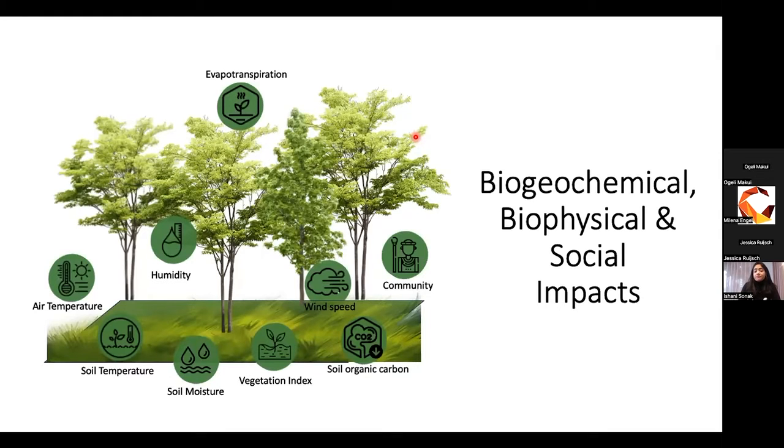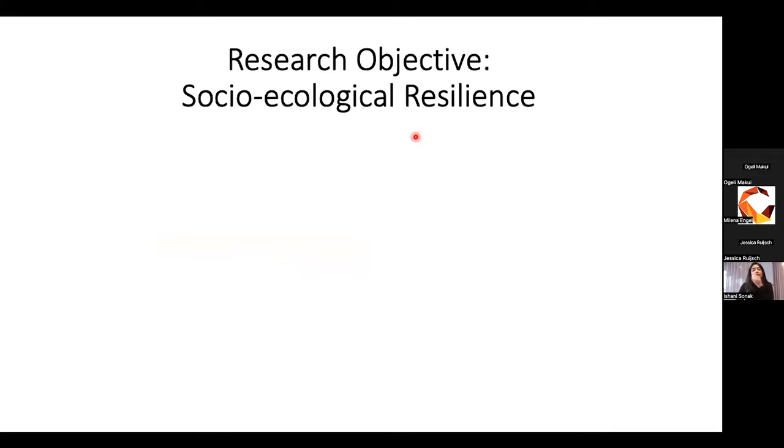Now, the objective of the research that we undertook on a more local level was to understand how actual versus perceived impact of land restoration projects can ensure socio-ecological resilience. Why are we talking about this? Because a lot of investment is going into land restoration and regreening, and often we hear generally quantitative data, like the number of hectares regreened or trees planted, and less often local considerations are talked about.